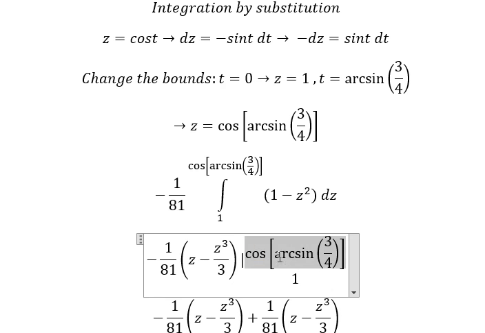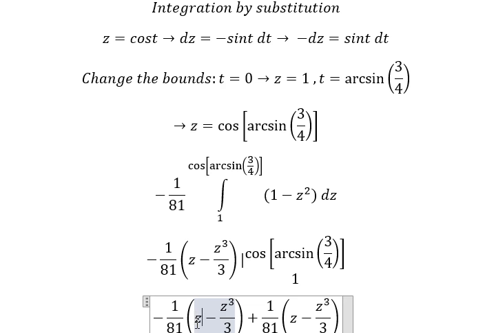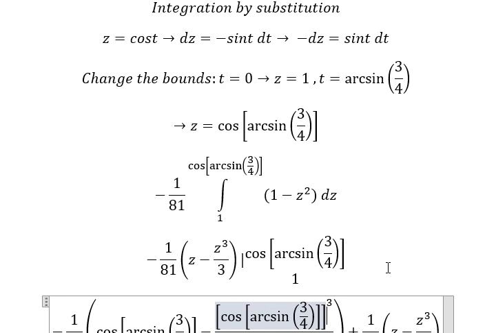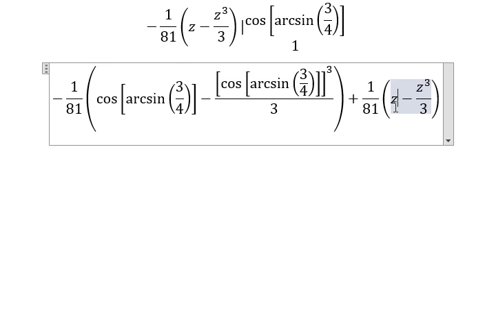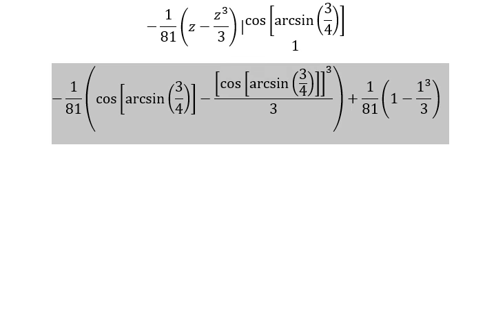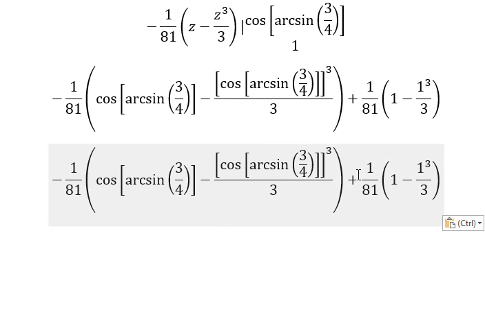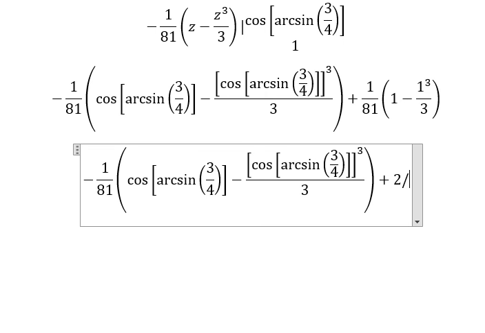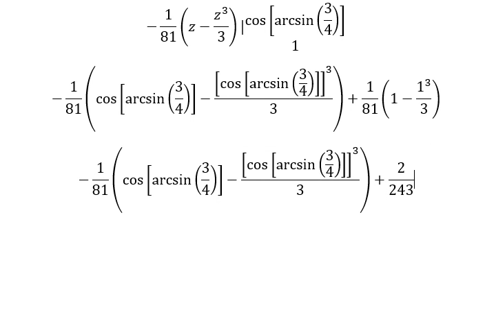So I will put this one here and this one here. 1 I will put in here and here. So we calculate this one, and we have 2 over 243. This is the end.